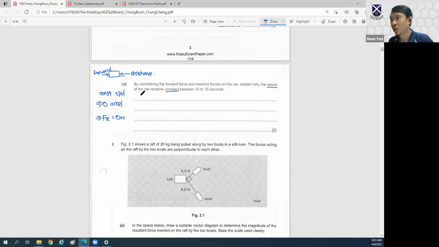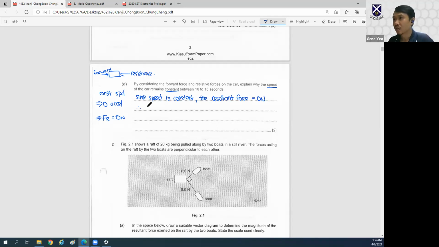When the speed is constant, since speed is constant, this means that the resultant force is 0 Newton.